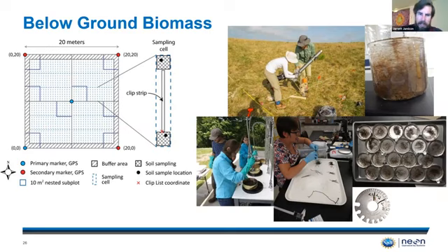On the right, you can see some of our sampling using our root washing station for sieving and removing mineral material. On the bottom center, someone is sorting roots using one of these metal wire gauge measurement tools.